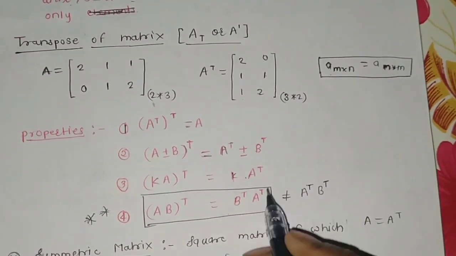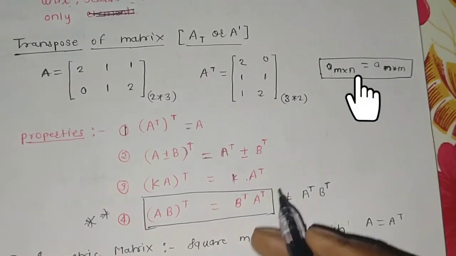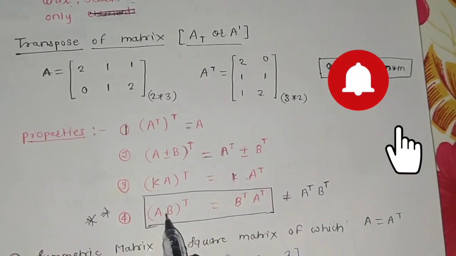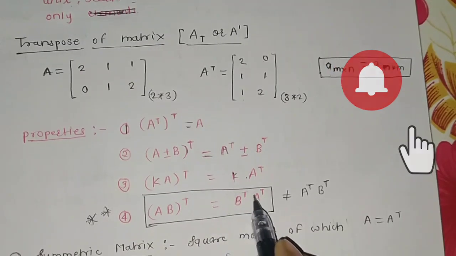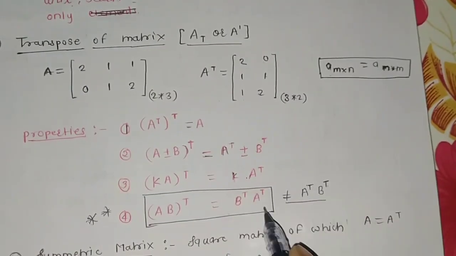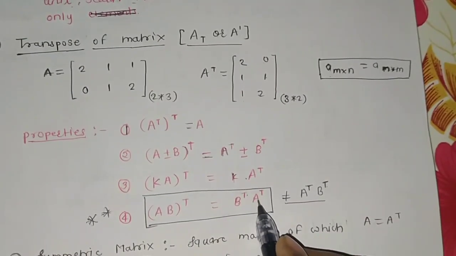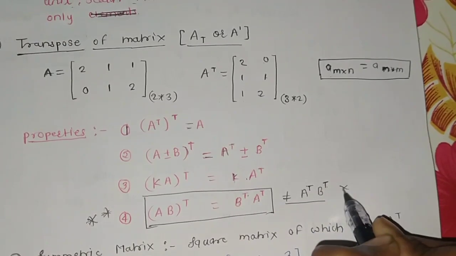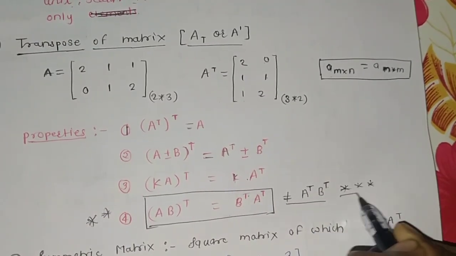So remember these properties. The transpose of A into B is equal to B transpose into A transpose, and keep in mind it is not A transpose into B transpose. It is B transpose into A transpose. So this property is very important.